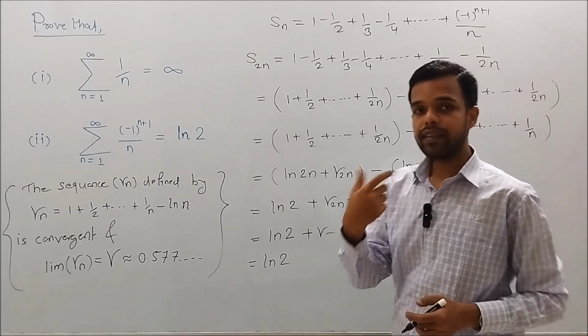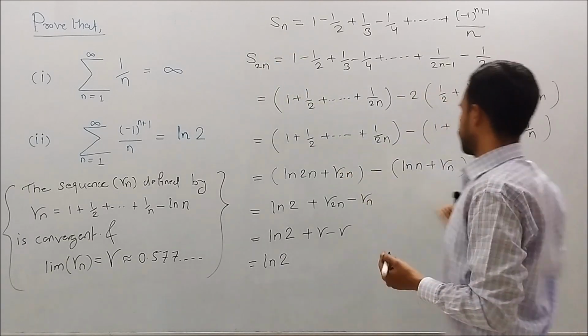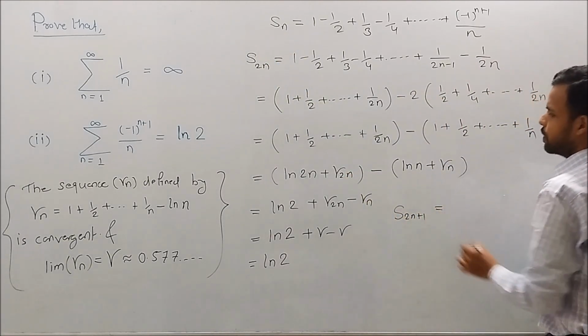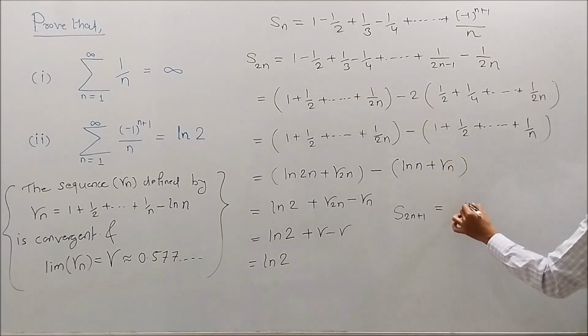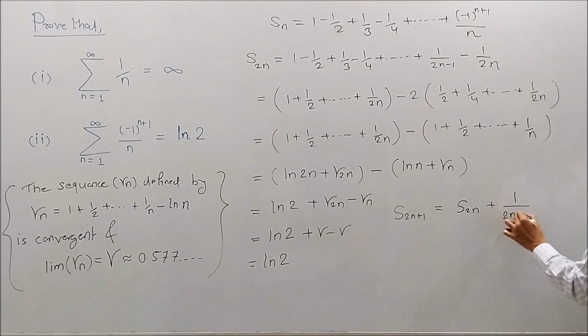Now let's consider another subsequence of this sequence of partial sums, which is S2n plus 1, which is clearly nothing but S2n plus the term 1 upon 2n plus 1.